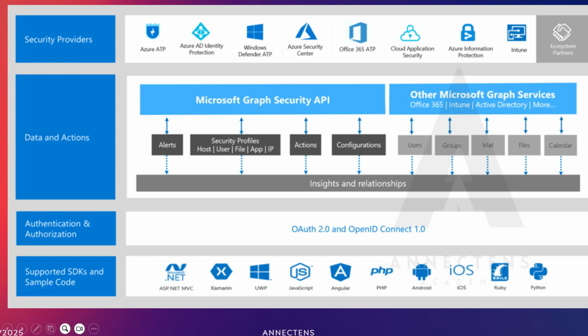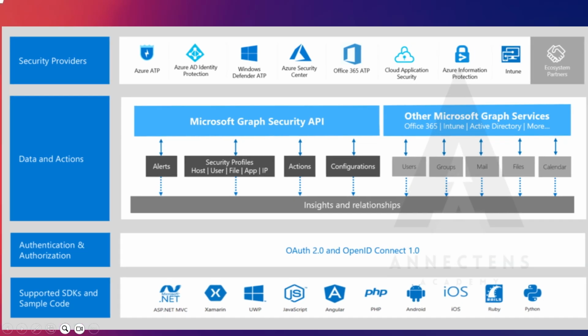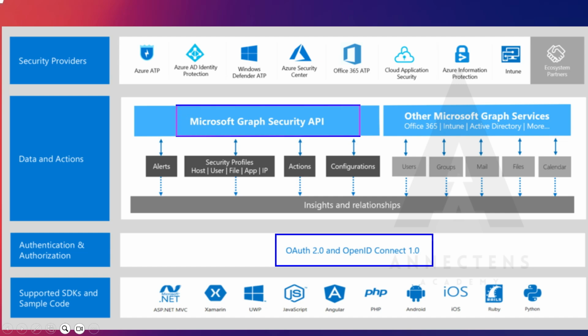So now we are connected to the Graph API, and from the API we are having access to all these services that we can access now. But there are restrictions, right? For example, I am connected, I gave my authentication, my authorization is there, and I'm now connected to my Graph API.